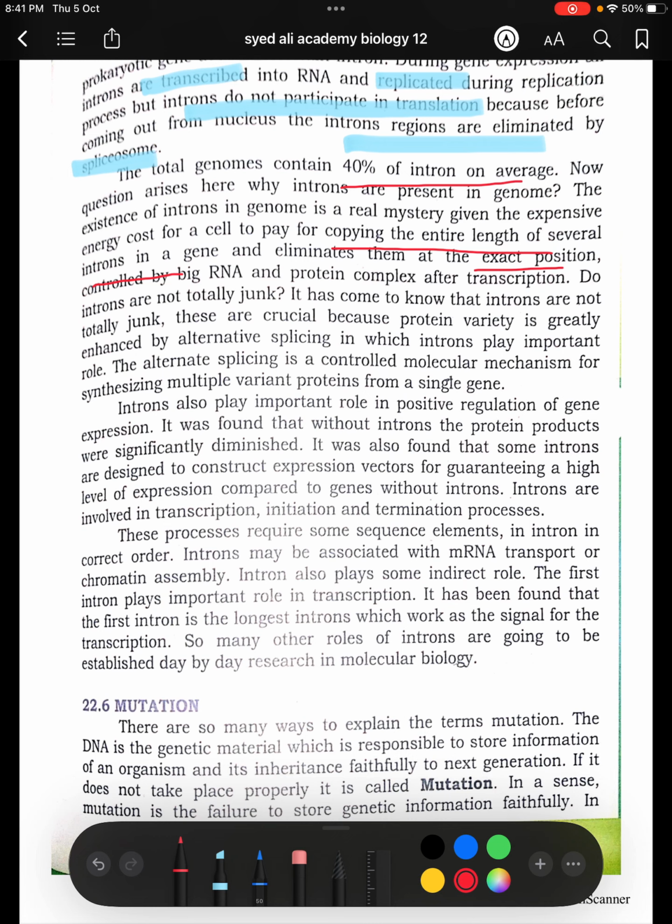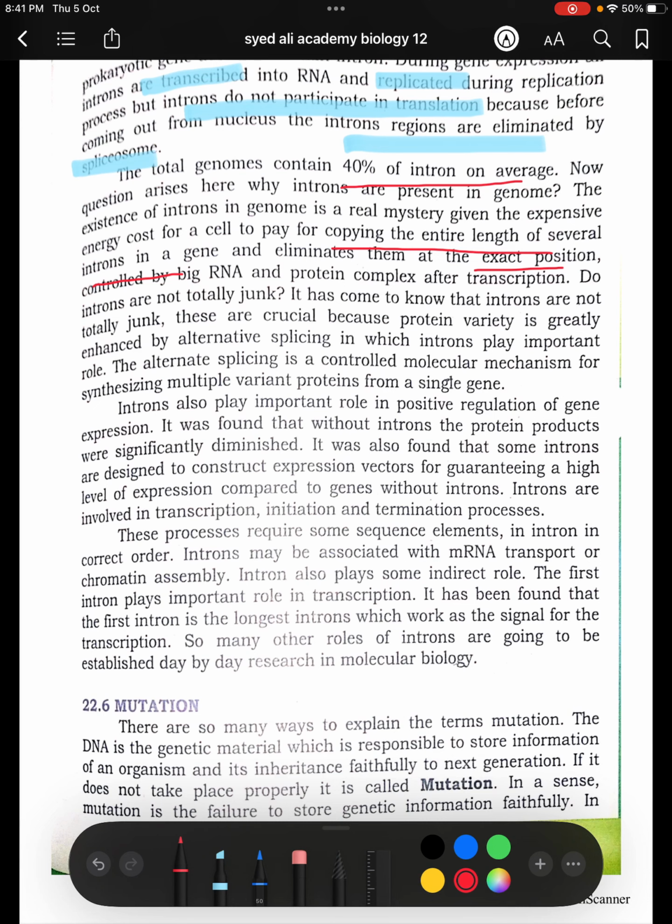Now they are saying that since introns are eliminated in the end, why is so much energy utilized in replication and transcription? 40% of our genome is introns, so why is this 40% being replicated and transcribed? Why waste so much energy? Is it because introns are totally junk?